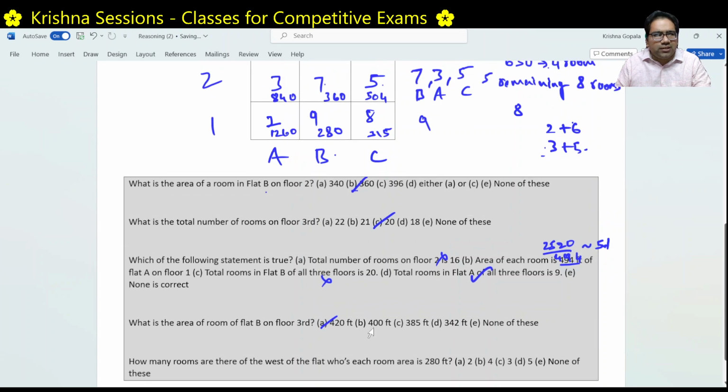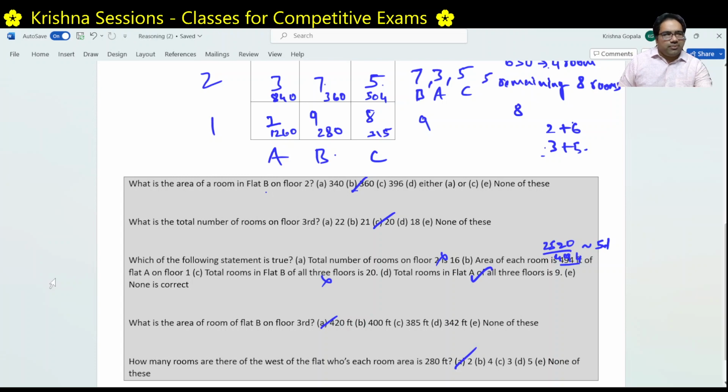What is the 280 feet? This one, right? On the west of this, there is only one flat, which has number of rooms 2. So to the left of this 9 rooms, there is a flat which has got 2 rooms. So the answer is this.